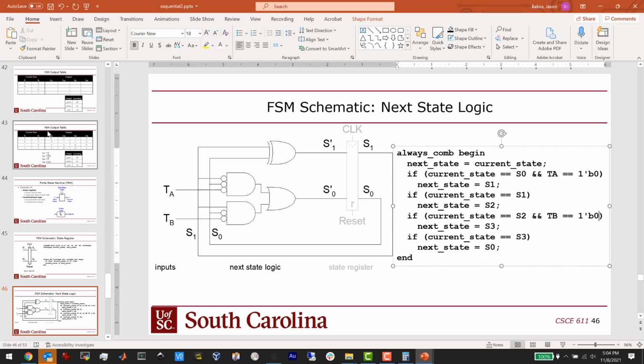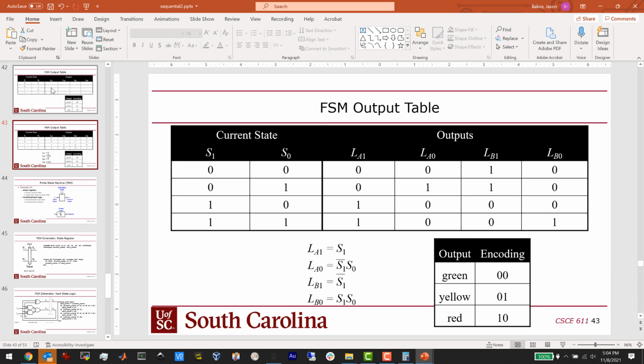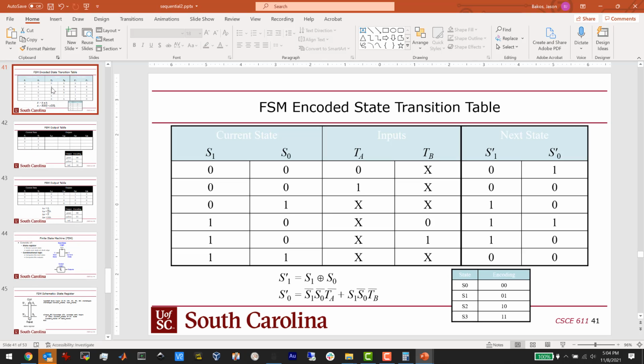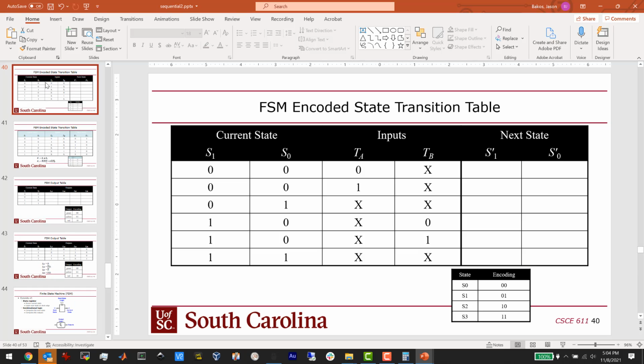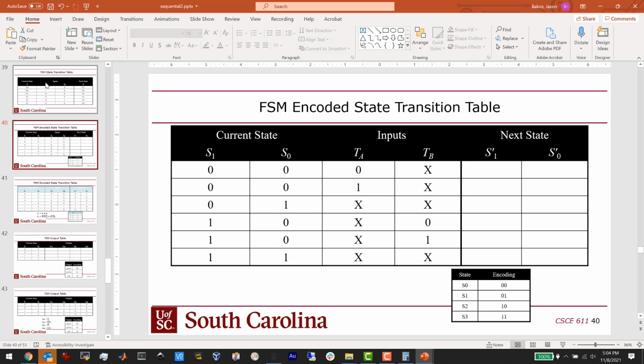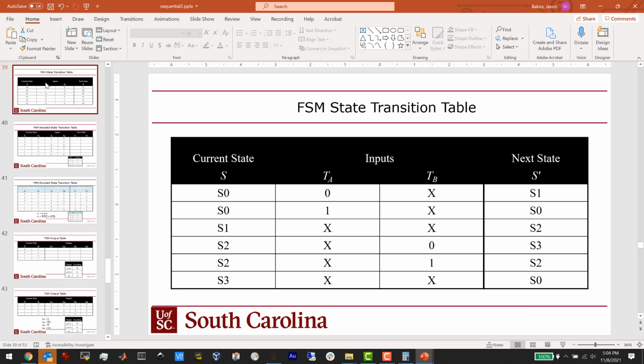Yeah, so basically if I go back up here, the condition was TA is 0. If I'm in S0, wait a minute, that's harder to read. Hold on, let me go back to the symbolic version. Yeah.